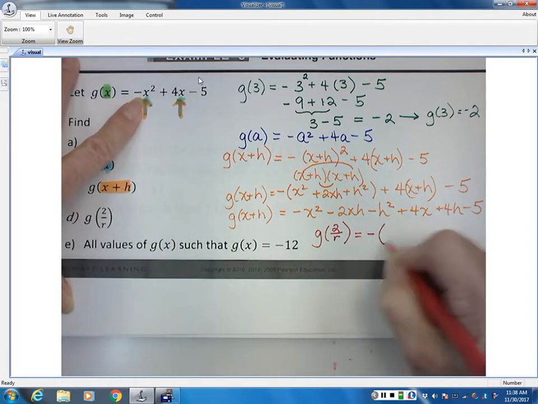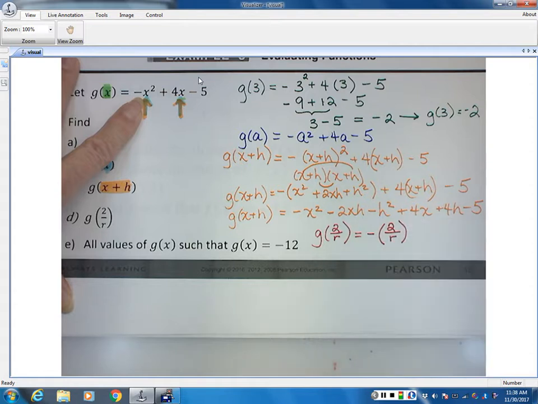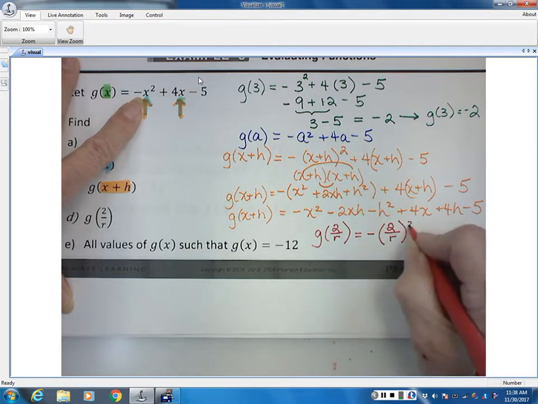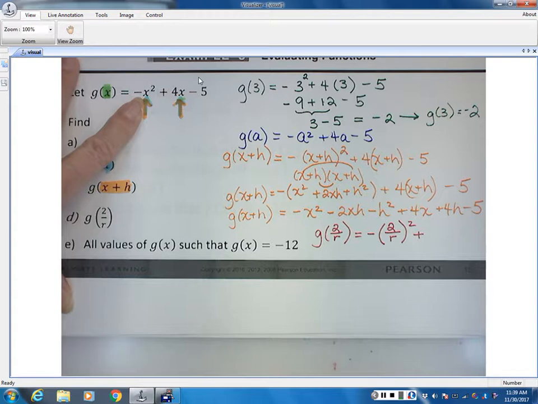But be sure and put that 2 over r in parentheses because it's a fraction and you need to remember it's a fraction.